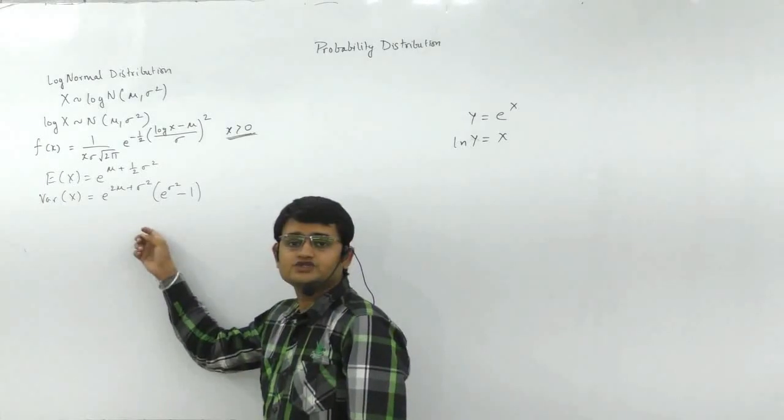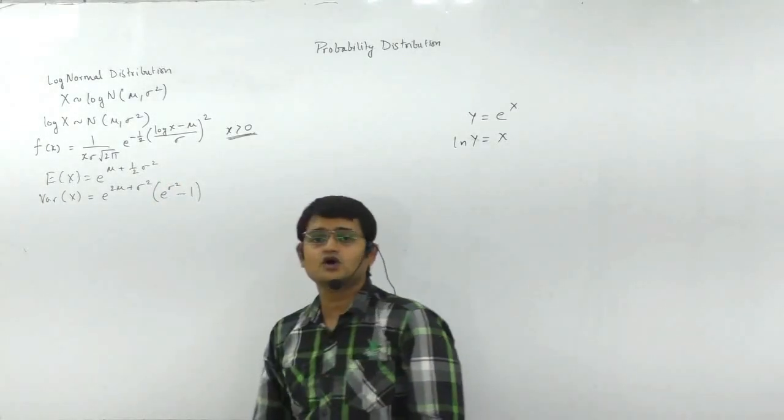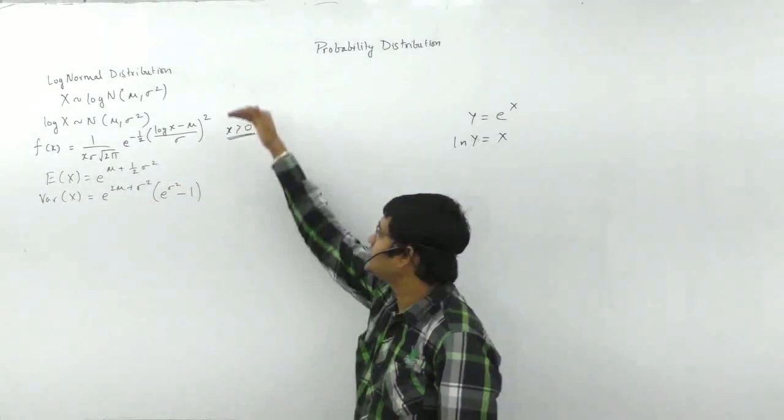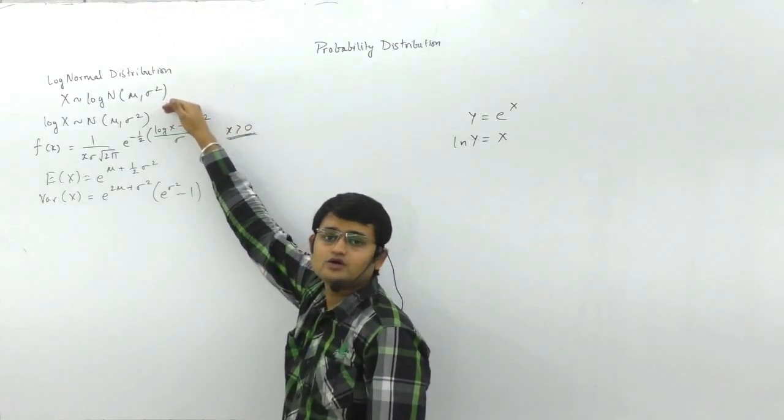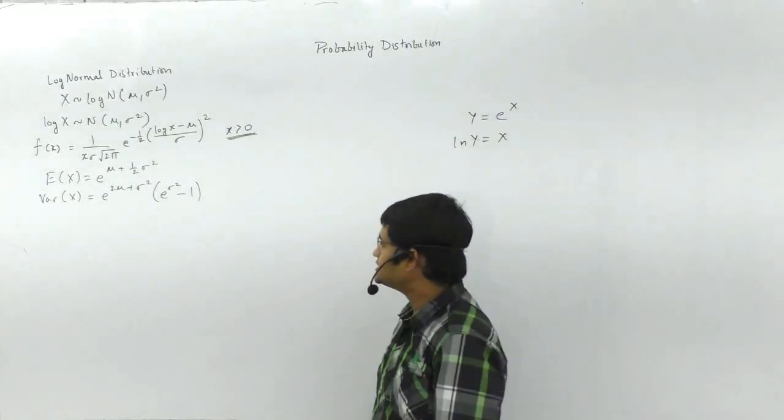Now, if we need to find probabilities for log normal distribution, first we convert our log normal distribution into normal distribution, and then we convert our normal distribution into standard normal distribution.